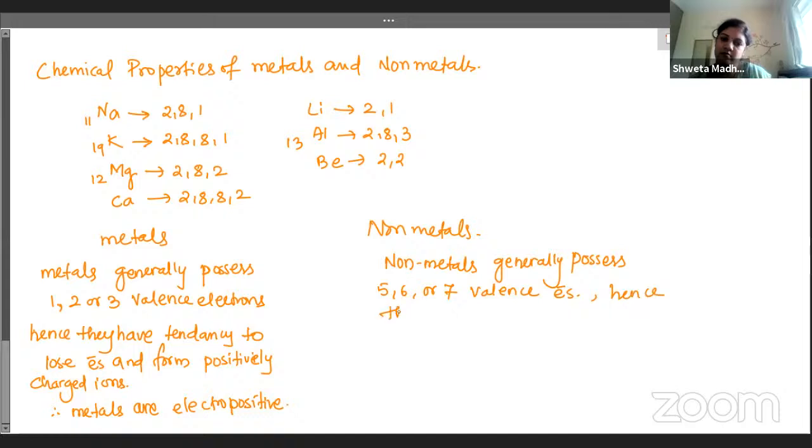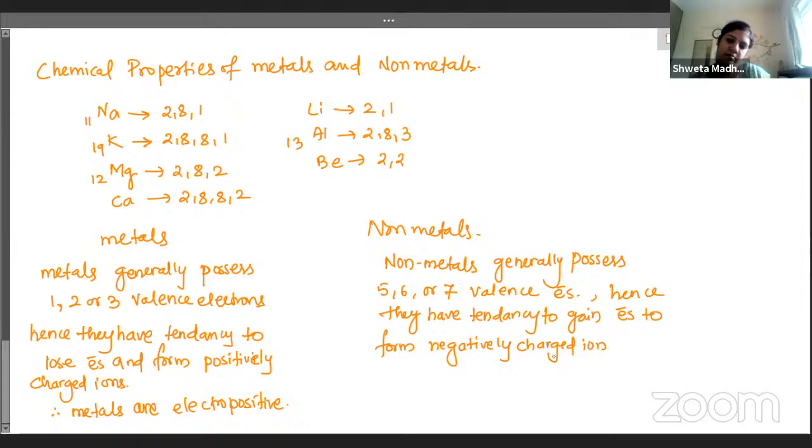Hence, they have a tendency to gain electrons to form negatively charged ions. Therefore, non-metals are electronegative.